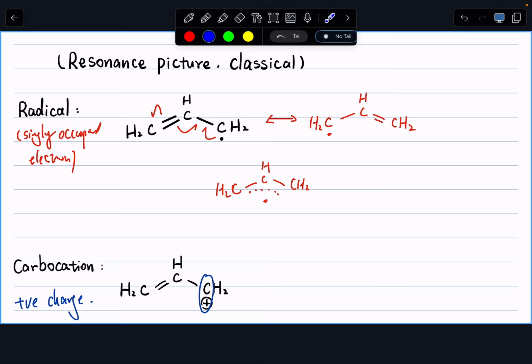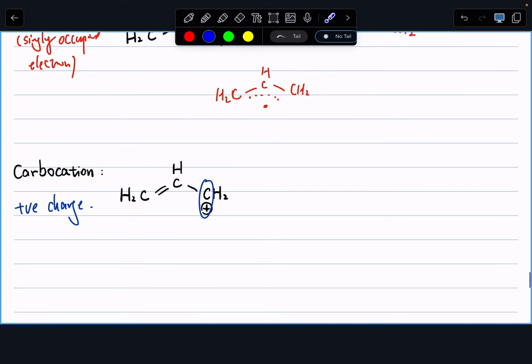The same kind of operation we can do with positive charges. The same idea: we push the bond from left to right, and we get a pair of resonance structures. A carbocation is a positively charged carbon atom, and we call this one an allylic carbocation, because the carbocation is right adjacent to a double bond.